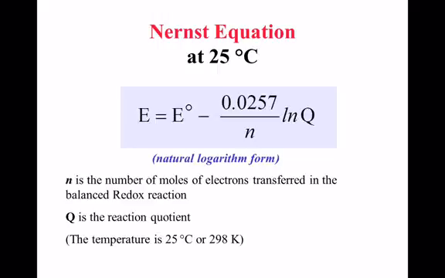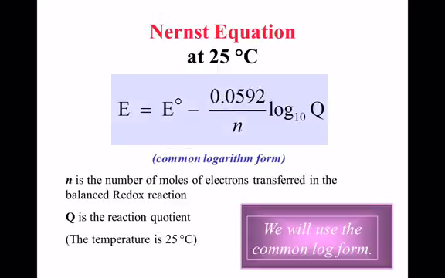Now this is where I looked it up. I'm not sure why we do this, but they did it in Chem Wikipedia too. But instead of the natural log, we go log base 10, and this is actually the equation we're going to use. This is the equation that you see on your sheet.